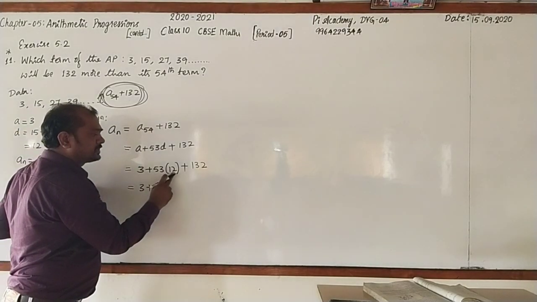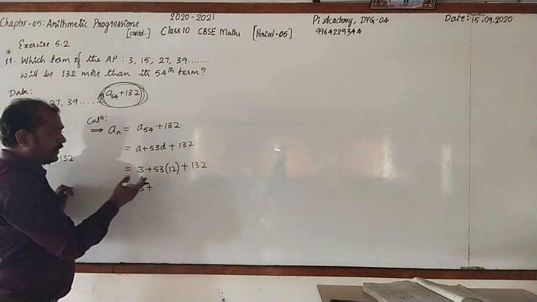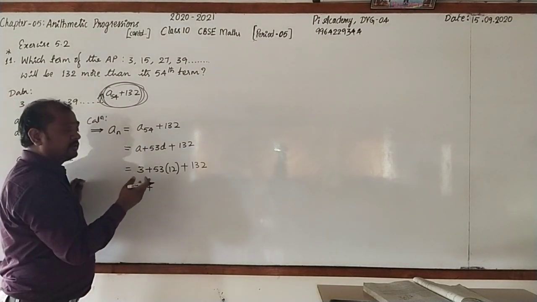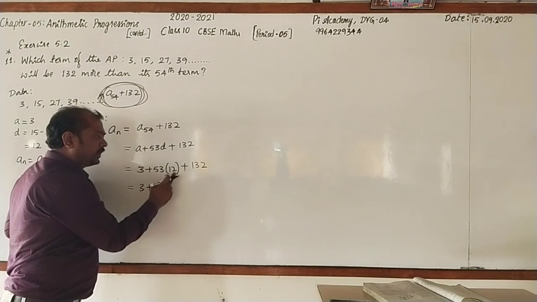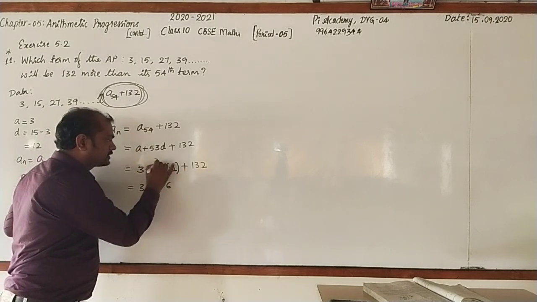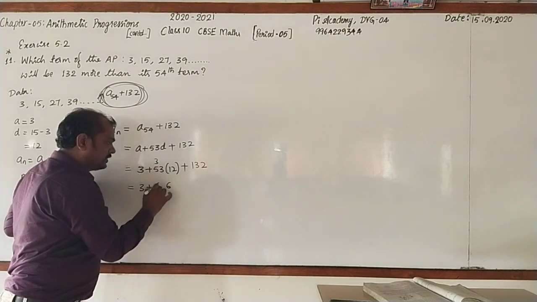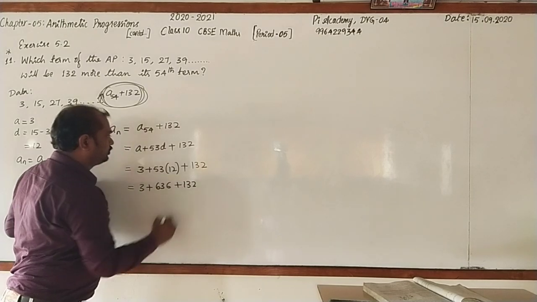Now 53 12s are, 53 10s are 530, 53 2s are 106. Both can be added, or else use the table of 12. 12 3s are 36, 3 is the carry. 12 5s are 60 plus 3, 63, plus 132.